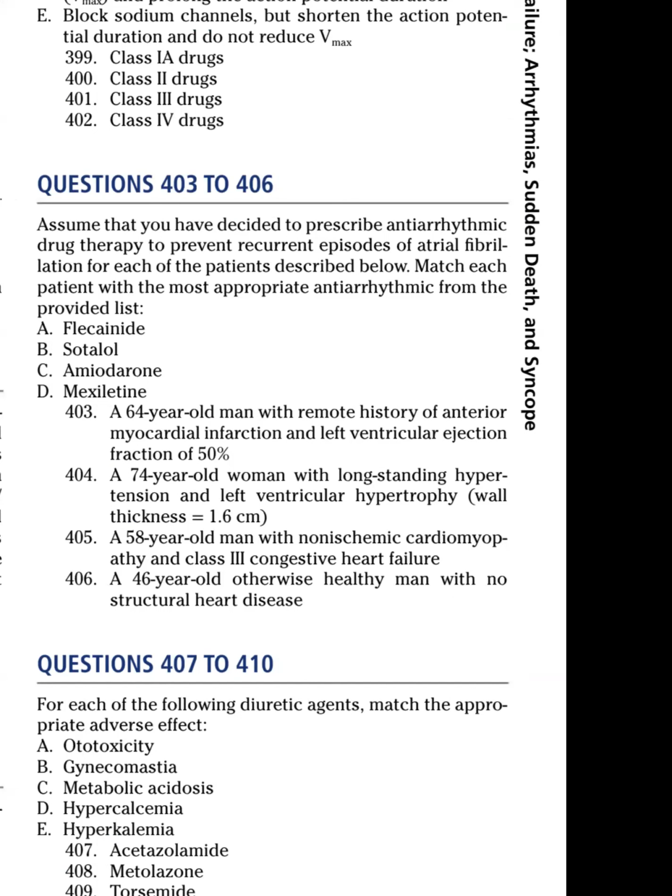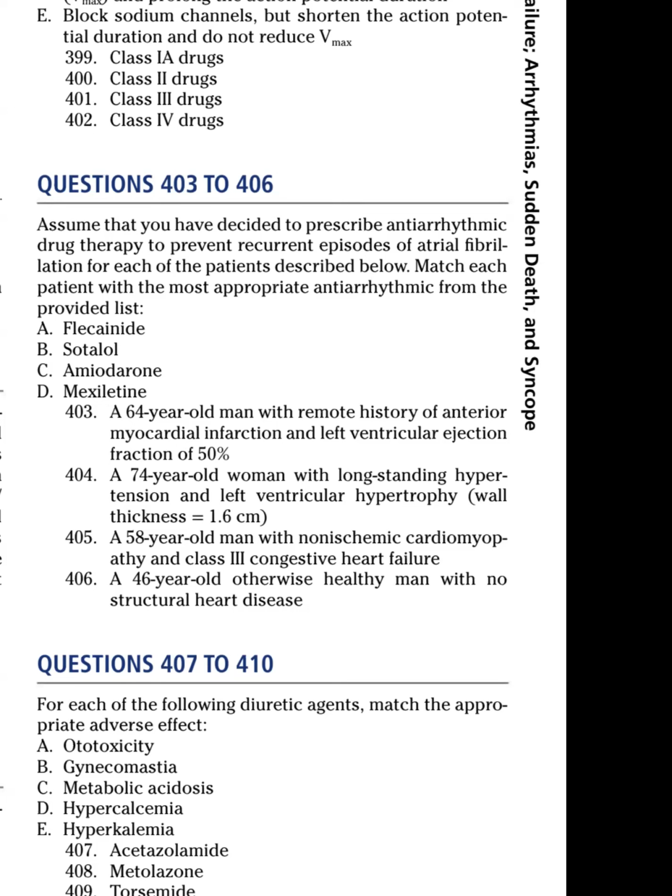Now, we've talked about antiarrhythmic agents yesterday, and we know that flecainide is a class 1C drug, and what it does is that it acts on sodium channels and also shortens the action potential, and it is indicated in persons with no structural heart disease.